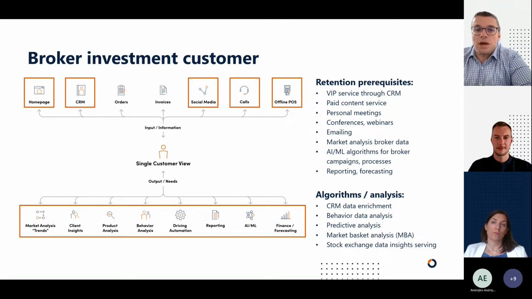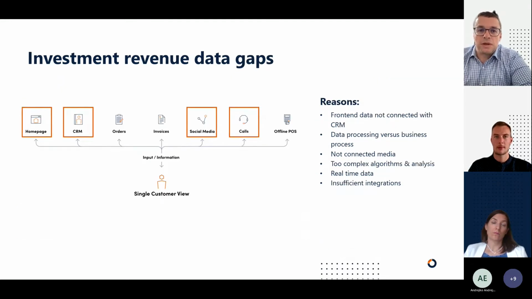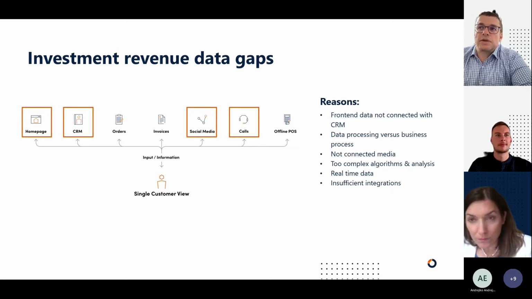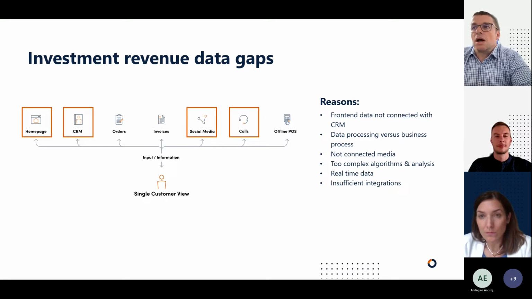And what are the gaps in, let's see on the other side, thank you. The gaps in investment data usually come from social media again, where you're wasting money on not really interesting customers.